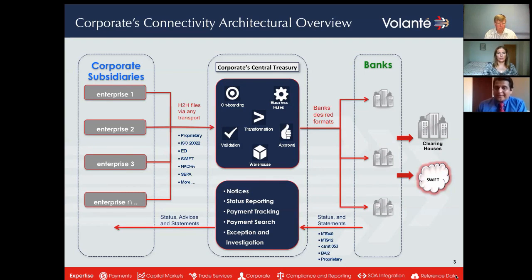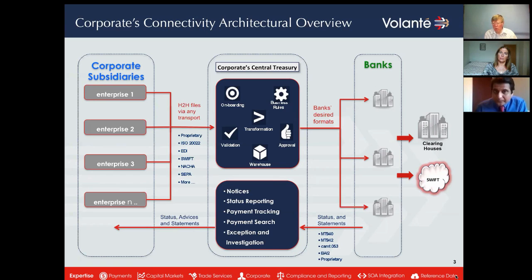A key point here I must stress is the usage of business rules. What is the business rule? The business rules are effectively the routing rules, or rules by which the Central Treasury can now enable internal settlements, internal nettings, internal transfers, if necessary.